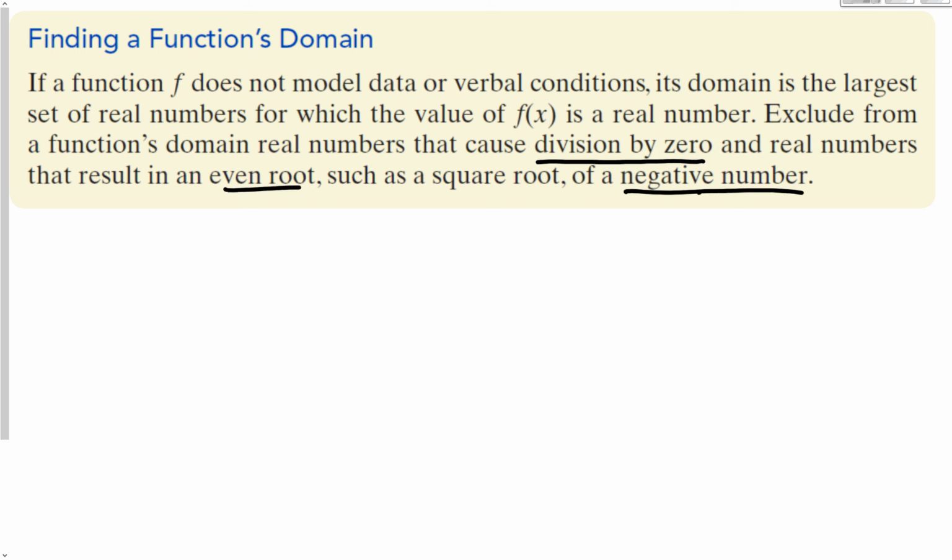Odd roots of negative numbers are okay; even roots are not. So when we're just looking at a function, the domain is all real numbers, unless we have division by 0, or square roots or other even roots of negative numbers.